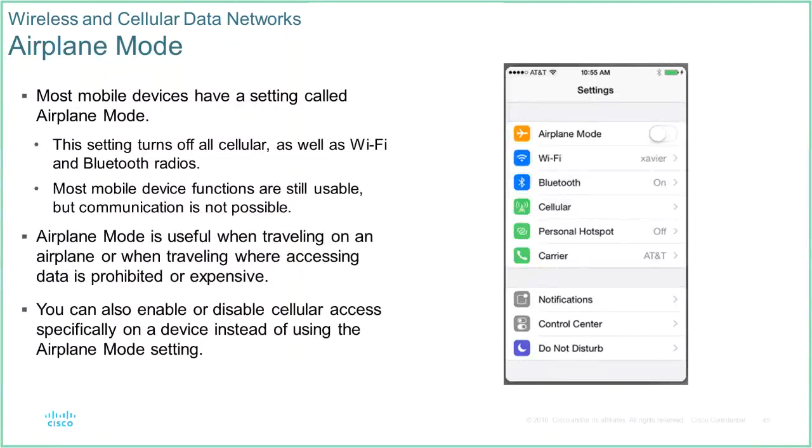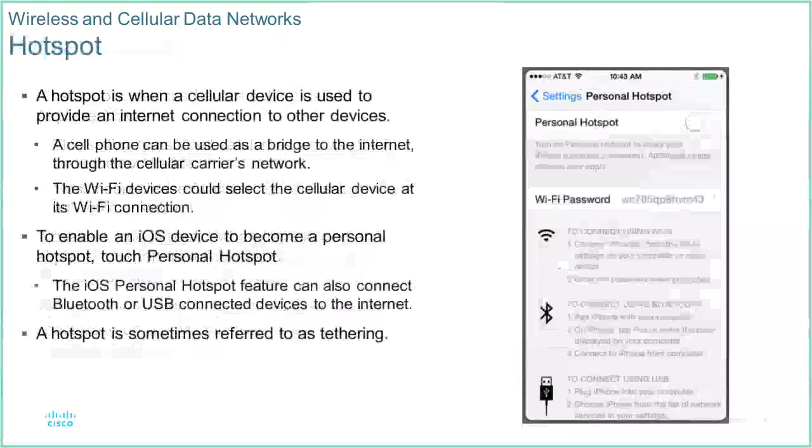So, yeah, airplane mode. Basically this just turns off all of our radio transmitters. So Wi-Fi, Bluetooth, cell phones, hotspots, all of that gets turned off while in airplane mode, but you can still use your mobile device for everything else.